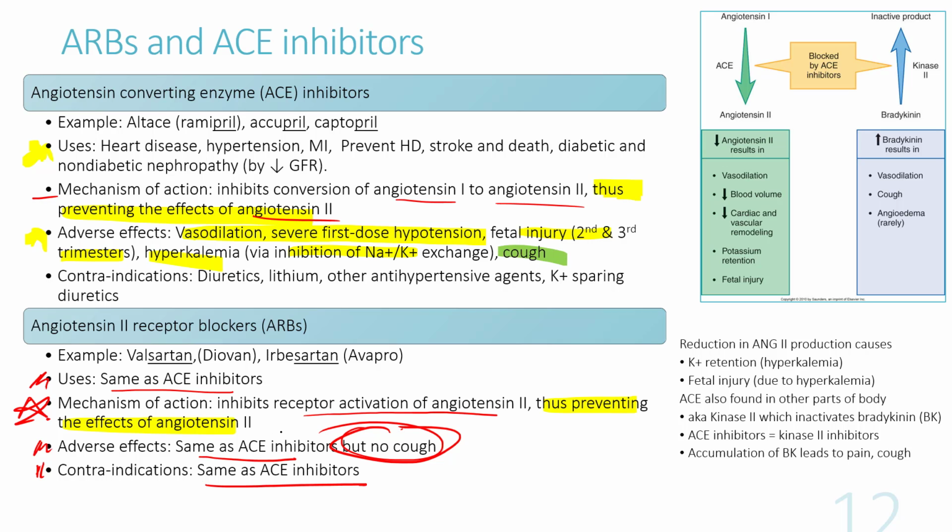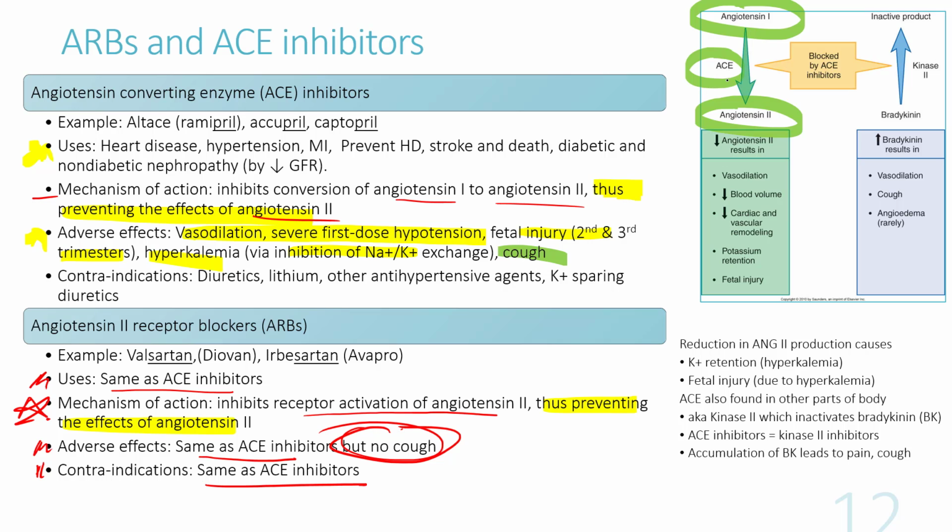And in order to explain why ACE inhibitors can lead to a cough, whereas angiotensin receptor blockers do not, you look at the diagram or the schematic that's in the top right corner. All right, so you've got angiotensin 1 being converted to angiotensin 2 with the use of ACE, right?